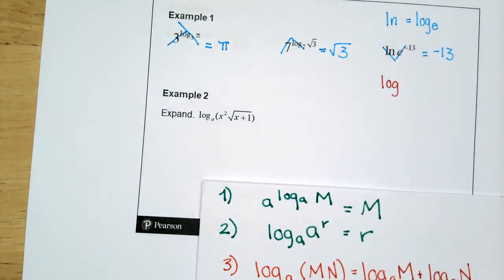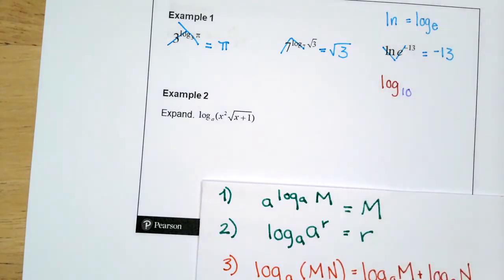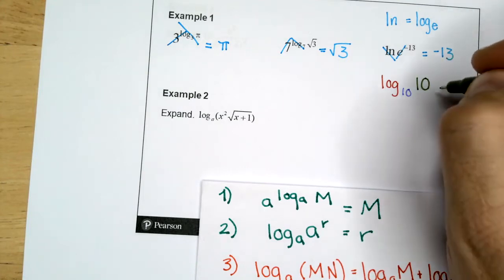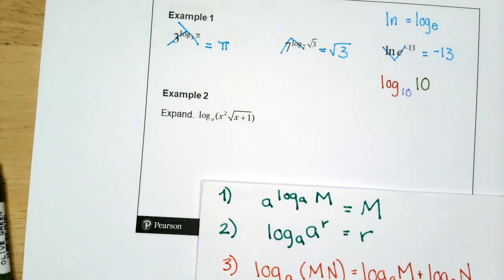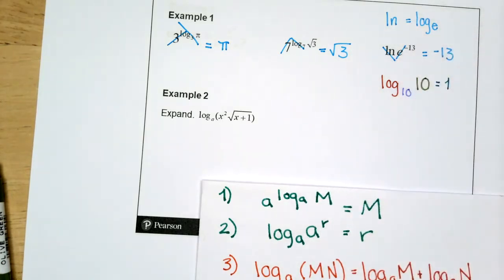Log base 10 of the number 10 equals 1, right? Taking the log of a number when that same number is the base will always equal 1.